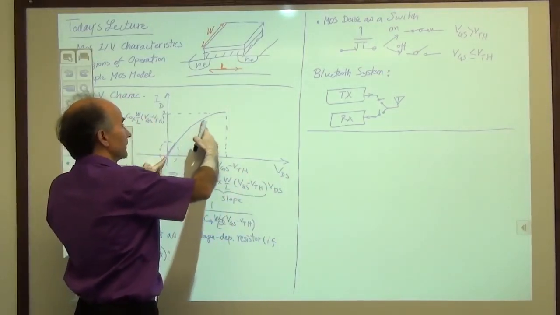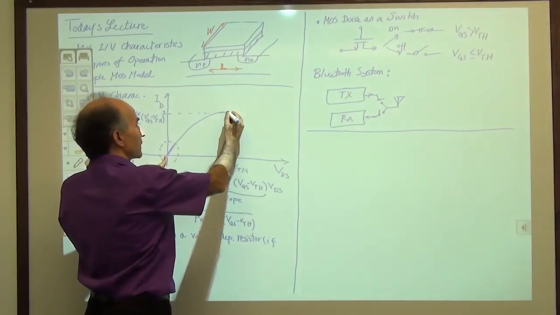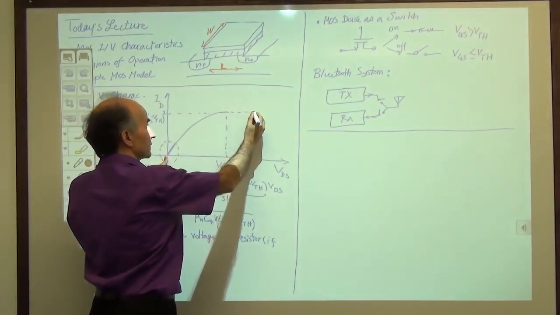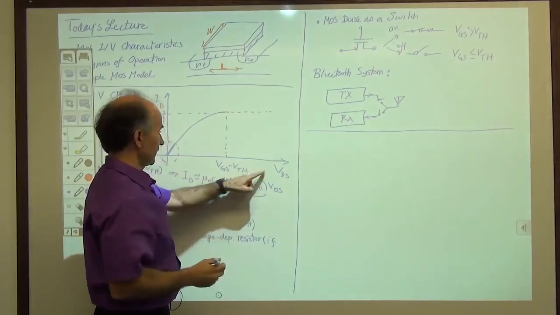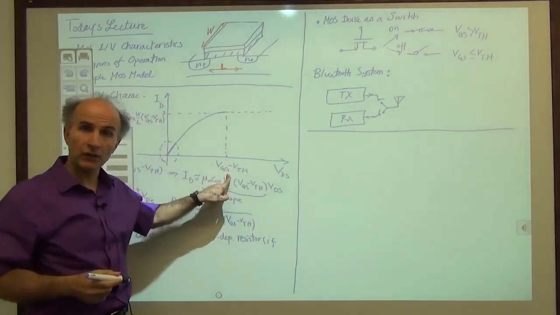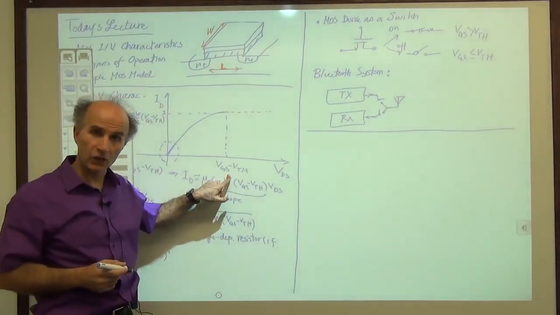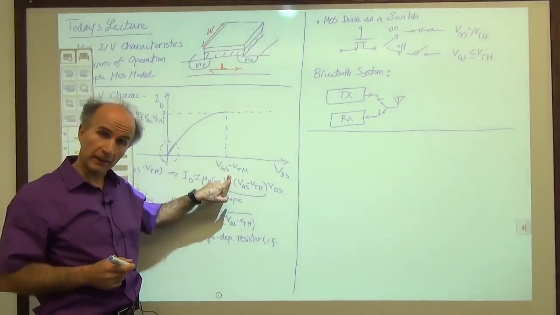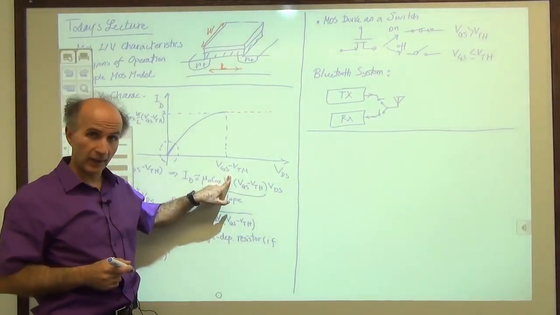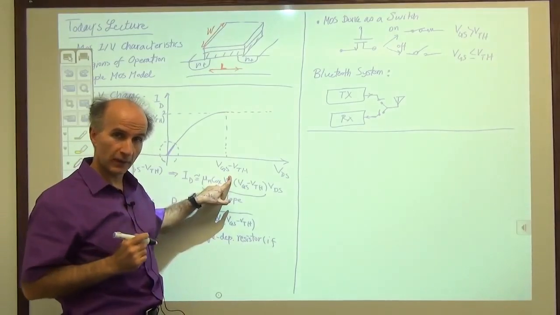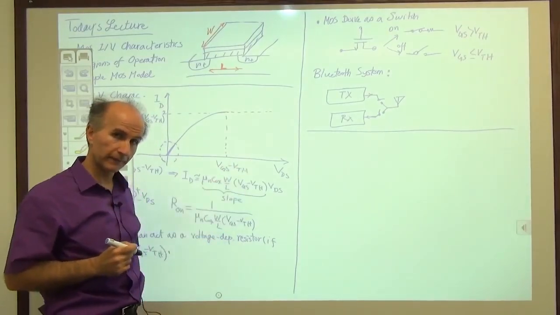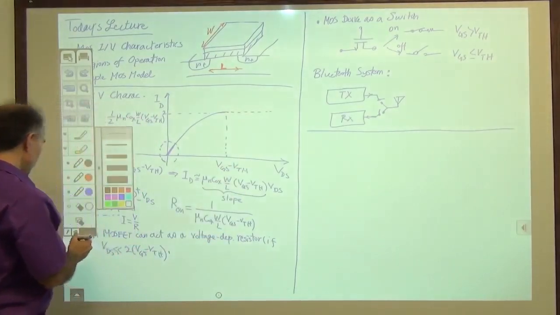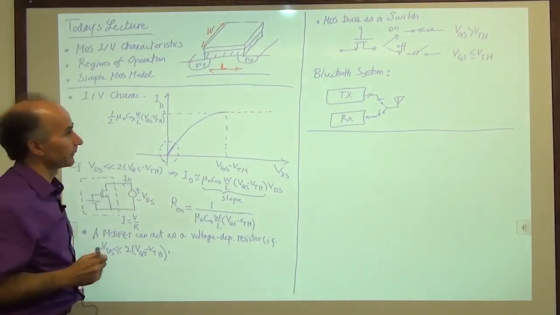The current went up, went up, went up, and then it just stayed constant. Once VDS exceeded this magical number, VGS minus VTH. That was quite surprising. What the heck is going on? How come our parabolic equation is not valid beyond this point? Okay, so we need to study that, and let's go ahead and do that.